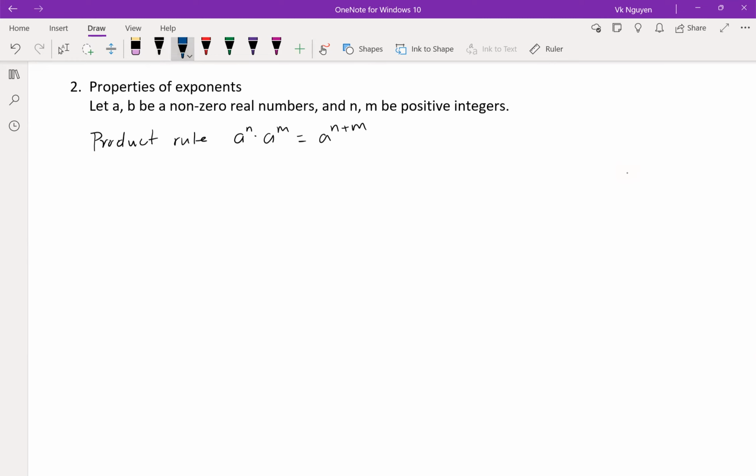You can quickly see an example. 2 to the 3 times 2 to the 2. 2 to the 3 is 2 times 2 times 2. 2 to the 2 is 2 times 2. Well, we have 2 to the power 5.